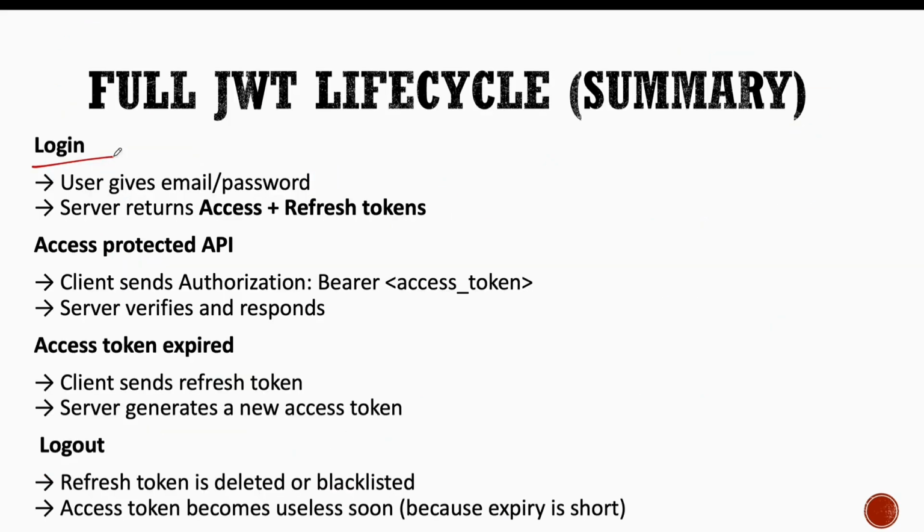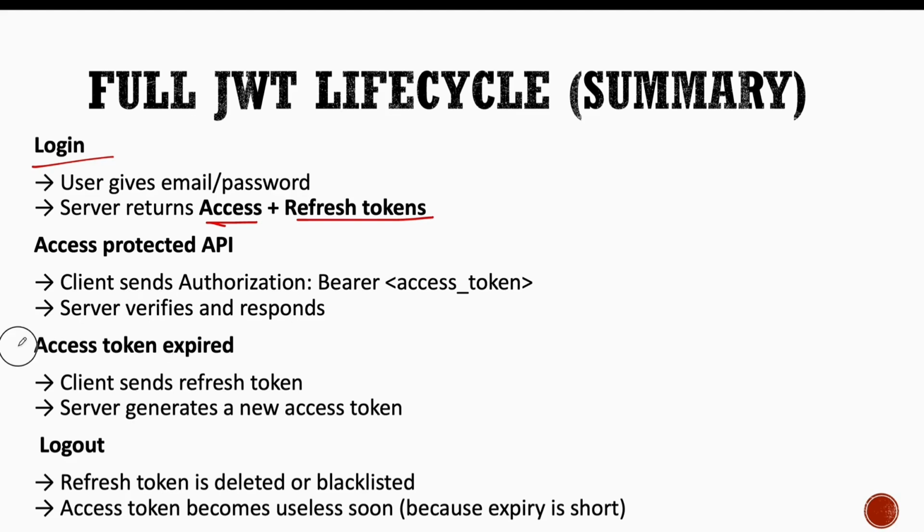So if we see the whole summary here, we have login, the user gives email ID and password, the server returns the access token, which is short-lived, and the refresh token, which has a long life. Once the client is authorized, if the client wants to access any API, then along with the token, he encloses the header, and the server verifies and responds.